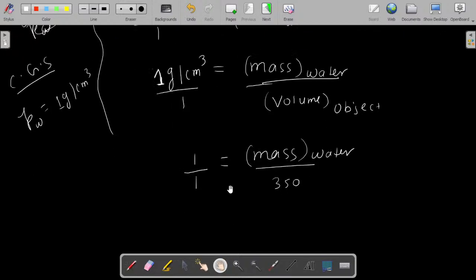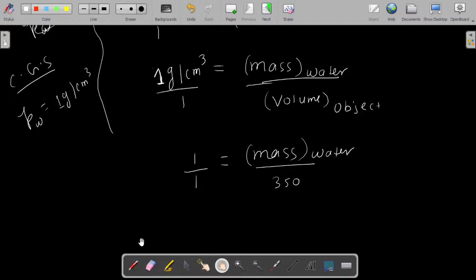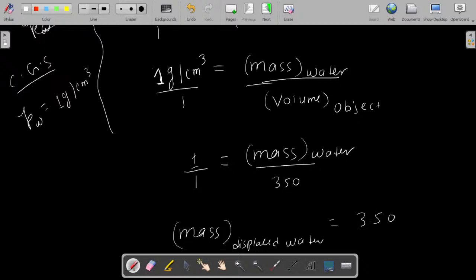If you cross multiply it, the mass of displaced water is 350, and in CGS mass is measured in gram. Always remember, in CGS mass is measured in gram. So the answer will be 350 gram.